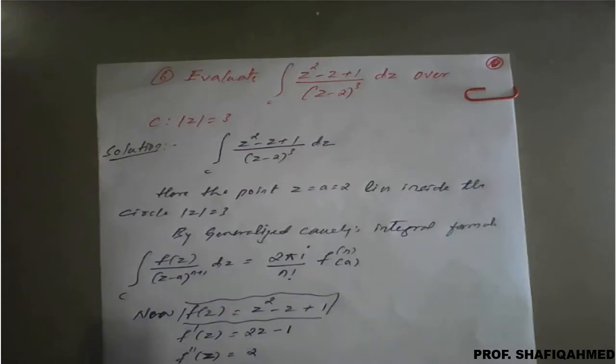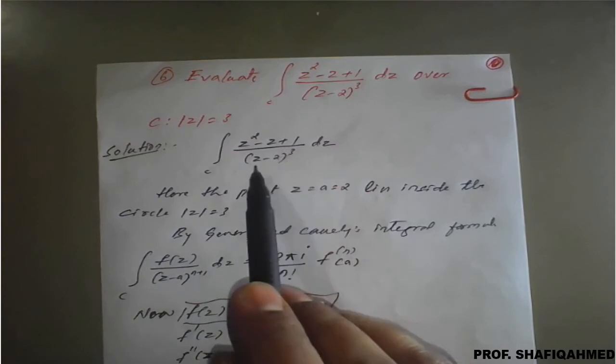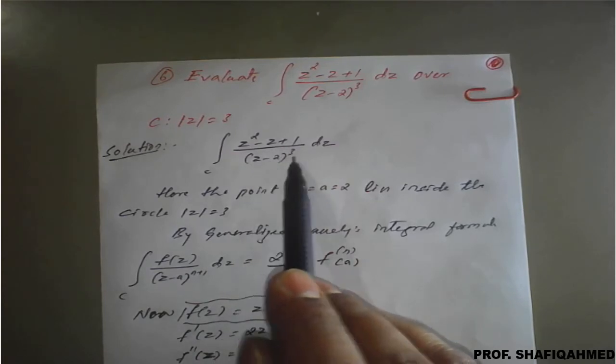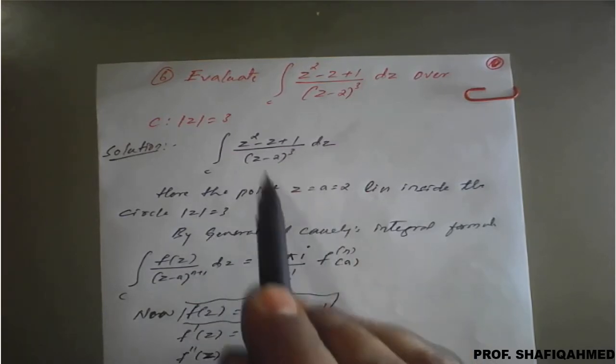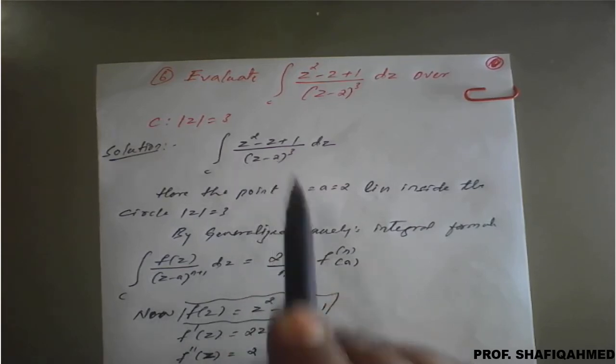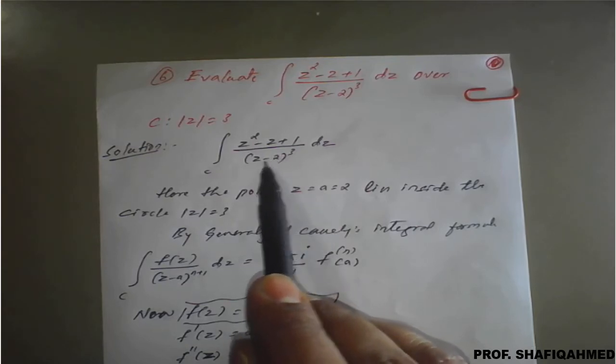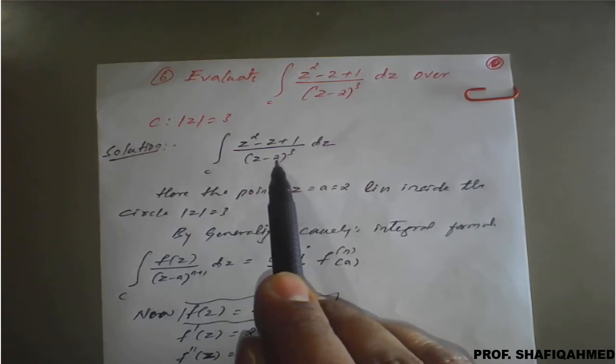Now the given question, that is z square minus z plus 1 upon z minus 2 cube into dz. Here the point we need to consider is z minus 2. So this 2 is nothing but the value of a.